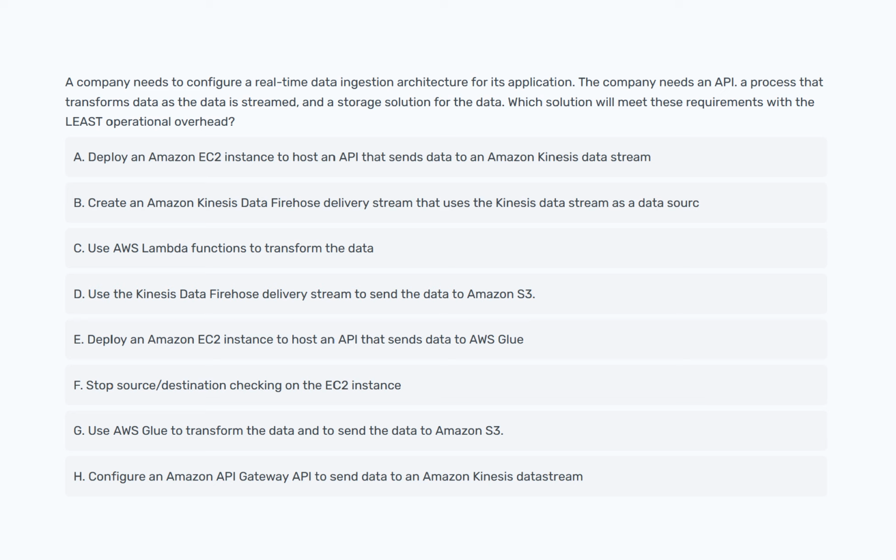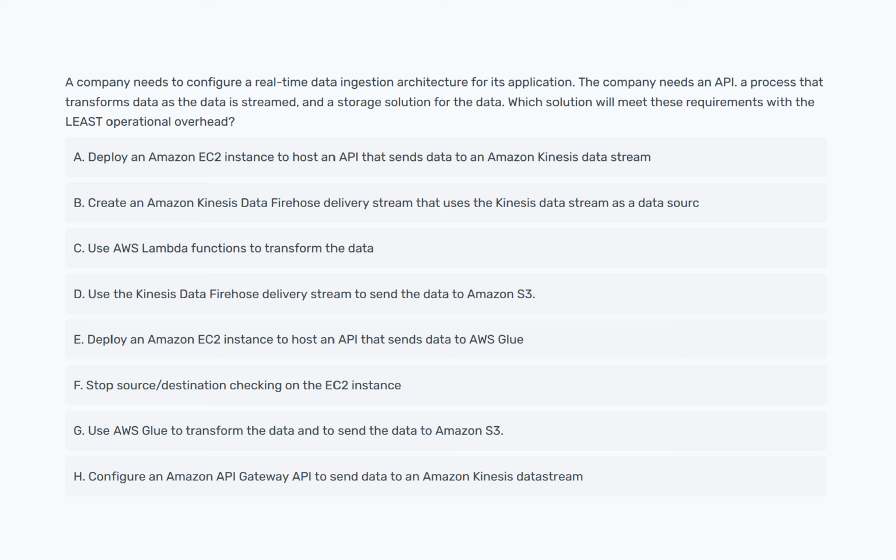And then stop source destination checking on EC2 instance. I'm not sure about that. Use AWS Glue to transform data and send data to Amazon S3. So we're possibly not going to use Glue. So E and G are out.